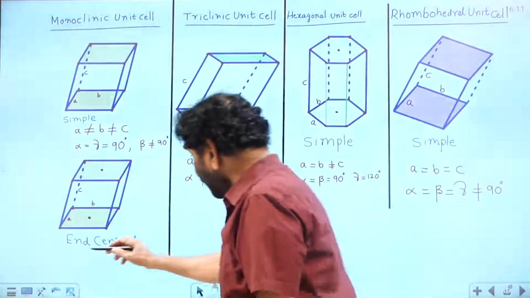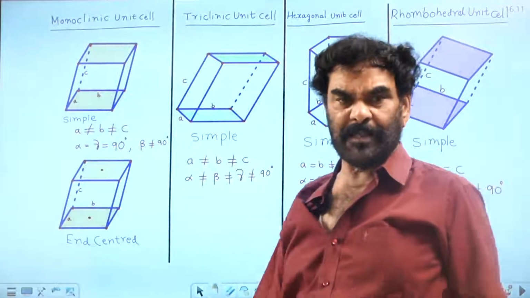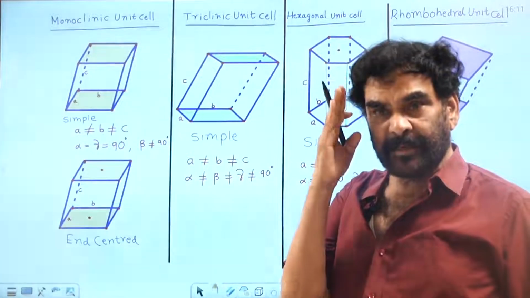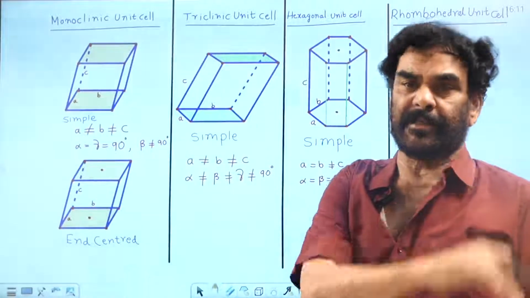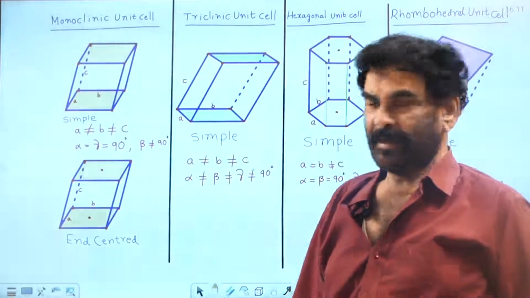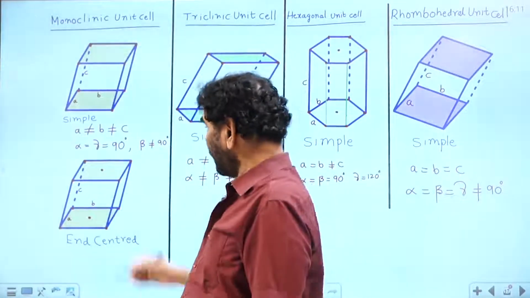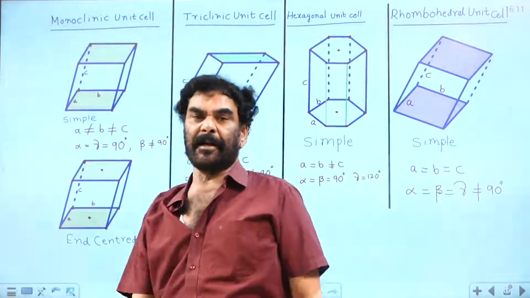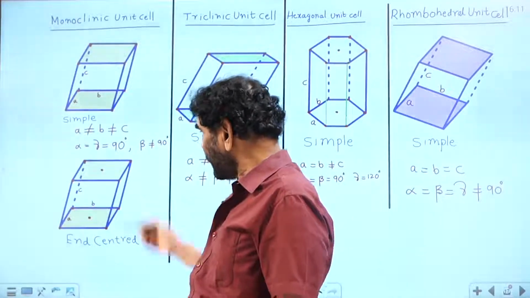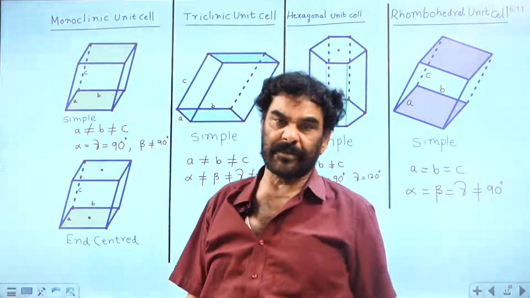And the second one is the end-centered. You may ask, why are not all four possible here? We are classifying based on the naturally existing crystal systems, not based on the possibilities. In the existing minerals and solids, the other two do not exist at all; only crystals with the simple monoclinic unit cell and the end-centered unit cell exist.